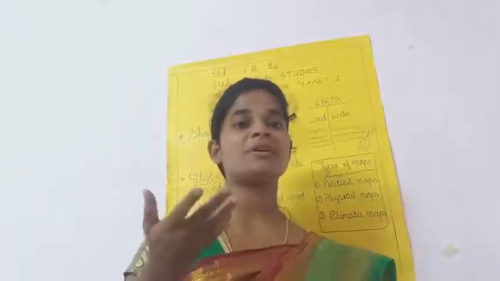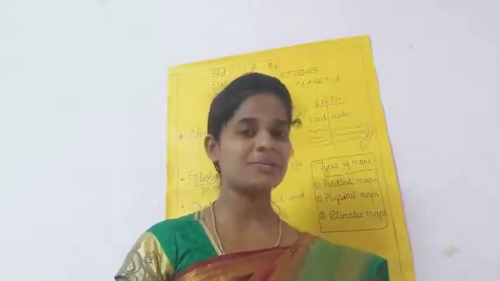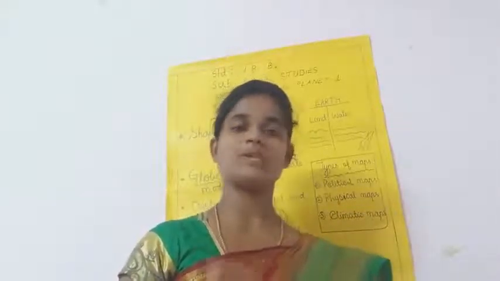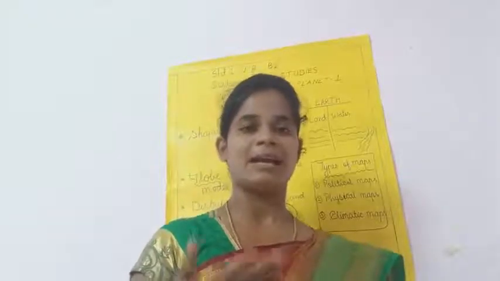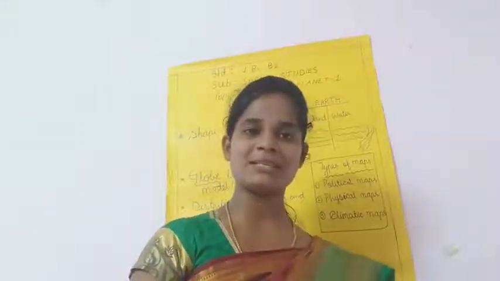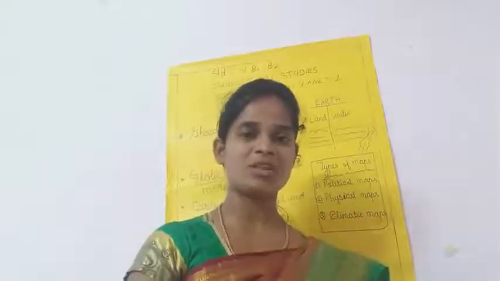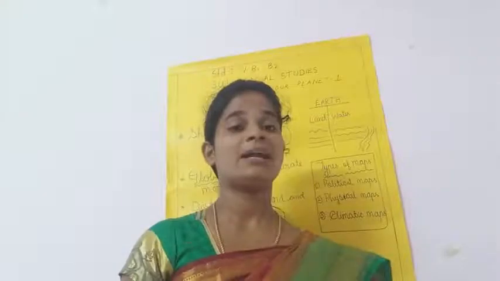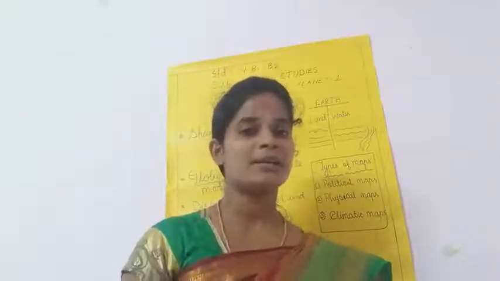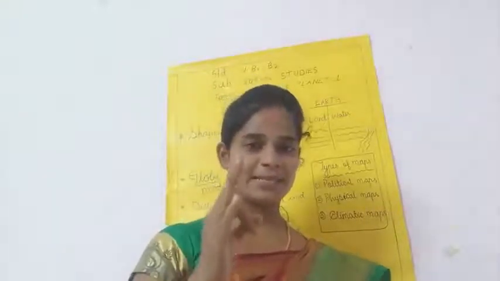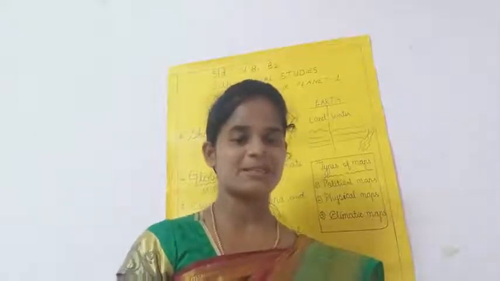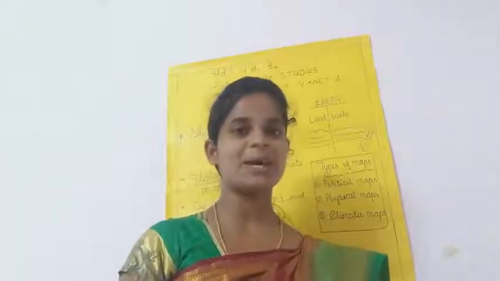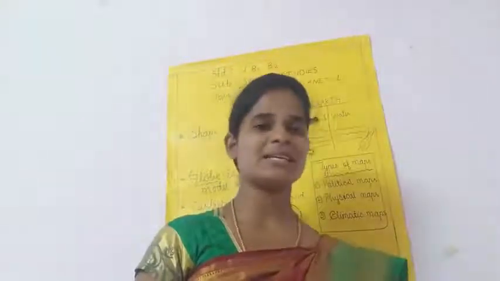And it comes from which word? Latin word mappo. Map is very useful to identify political places and regions, climatic use. We can find out continents, rivers and so on. Useful to find places. Right. And finally, how many types of maps are there? Three types. Political maps, physical maps, and climatic maps.